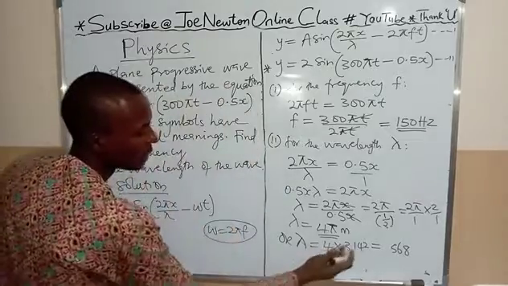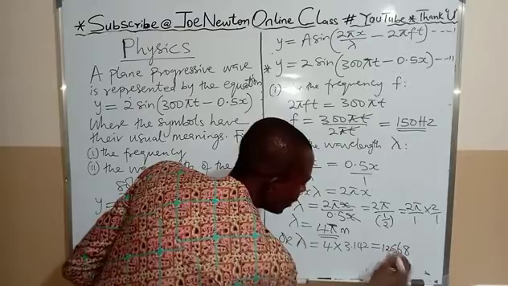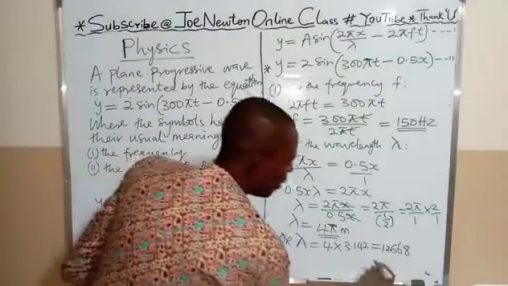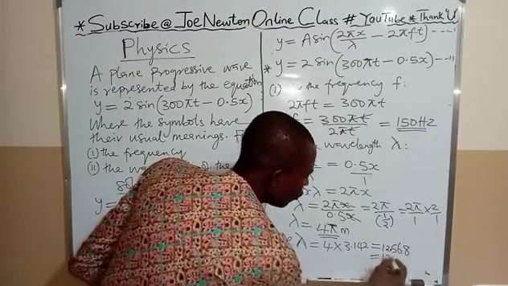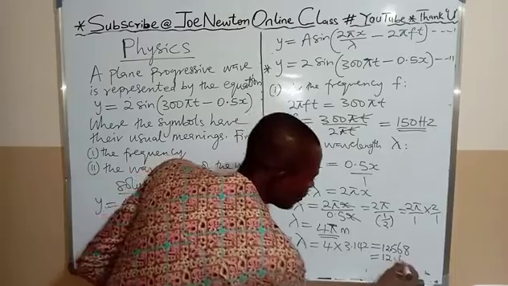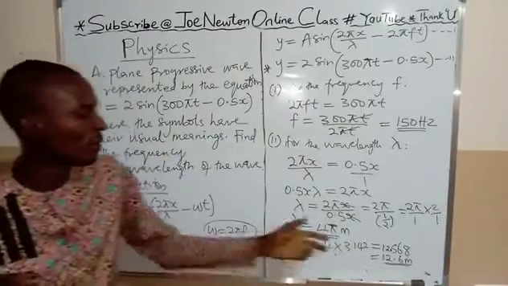Then 4 times 3, you have 12. Put your decimal point here. When you approximate to 3 significant figures, it will give you 12.6 meters. That is when you substitute the value of pi.